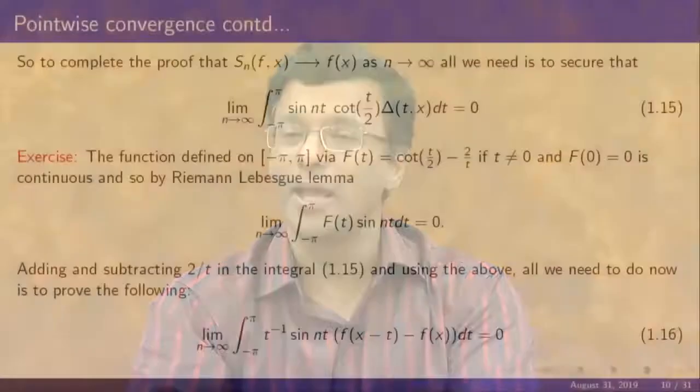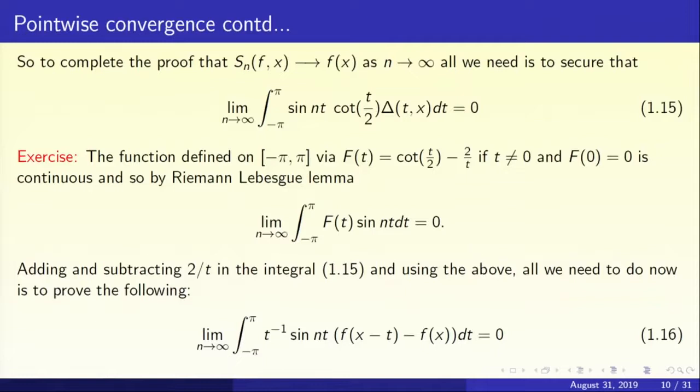So let us subtract 2 upon t from cot t by 2 and call the difference capital F of t. So we define F of t equal to cot t by 2 minus 2 by t if t is not equal to 0, and at 0 let us define it to be 0. Why did I define F of 0 to be 0? Because if I take the limit of F of t as t tends to 0, I am going to get 0.